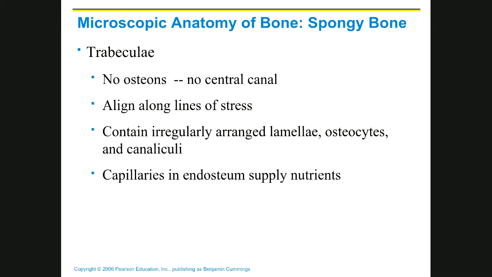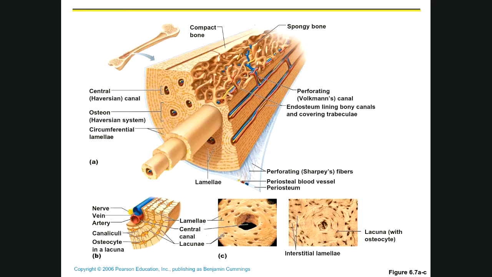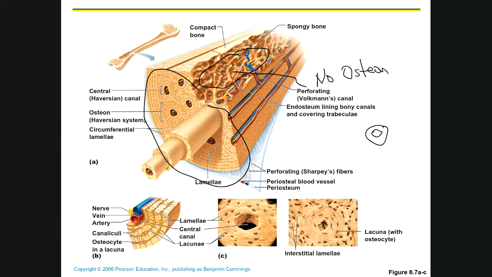And then if you look at spongy bone, remember spongy bone doesn't look like this. That's spongy bone. It looks nothing like this. And spongy bone has no osteons. So it's not going to have a central canal surrounded by lamellae, blood vessel and all that in there. It's not going to have that.